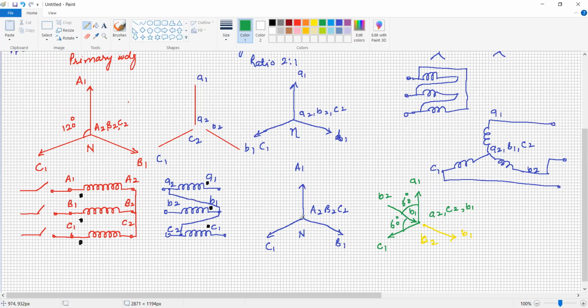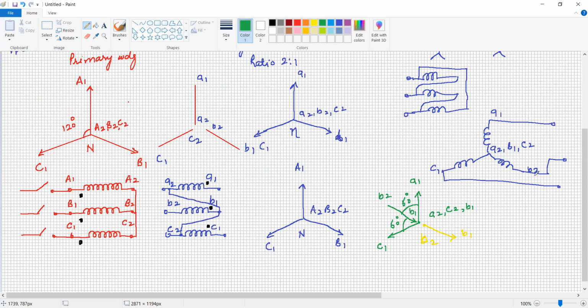And this is our requirement. Basic requirement is that the three voltages are 120 degrees apart and their magnitude should be the same for a balanced voltage supply. So the secondary winding of the transformer has failed to supply balanced three-phase voltage. So this is the wrong connection of the three-phase transformer.